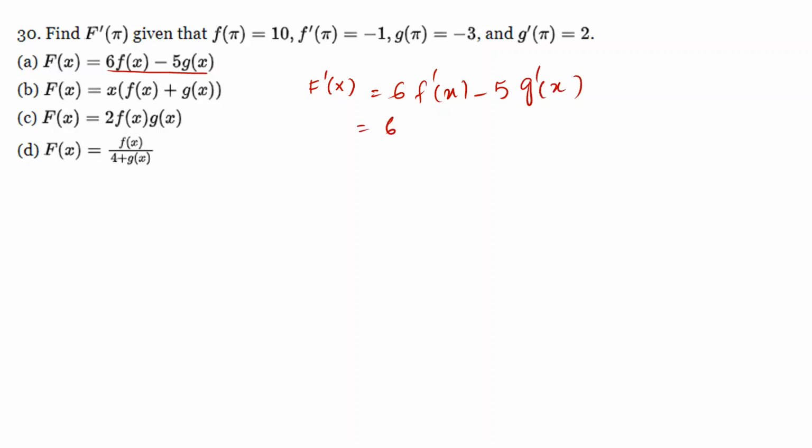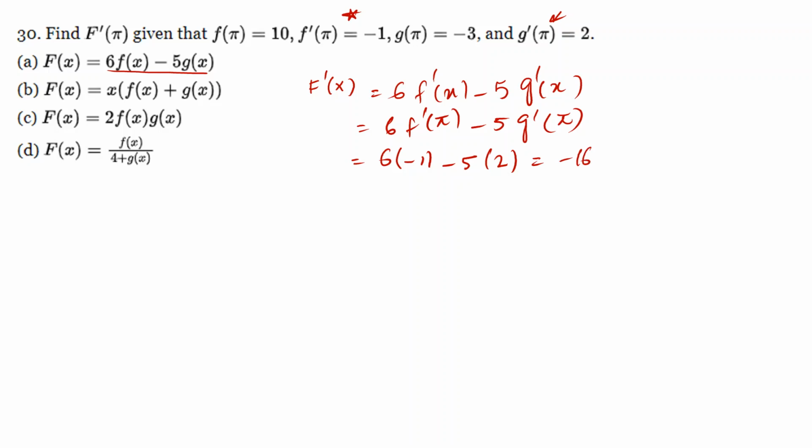Wherever you have the x, you will replace it by pi. Now 6 as it is. F prime of pi is -1 and g prime of pi is 2. So -6, -10 gives us -16.